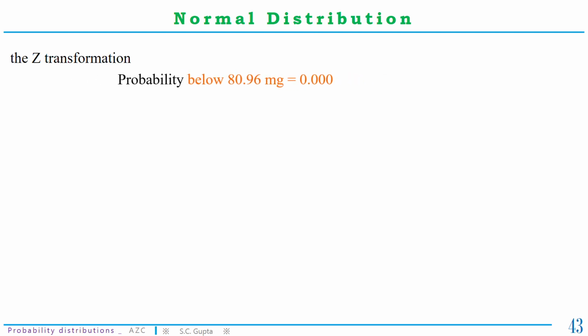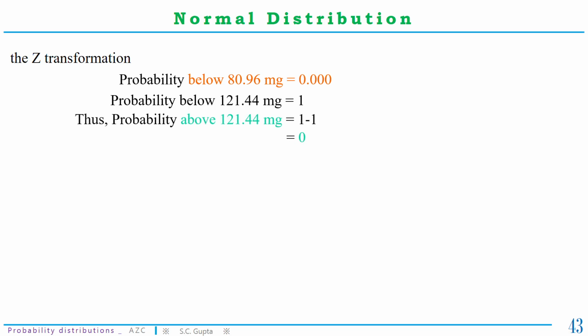The Z transformation. Probability below 80.96 milligrams is 0.000. Probability below 121.44 milligrams is 1. Thus, probability above 121.44 milligrams is 1 minus 1 is 0.